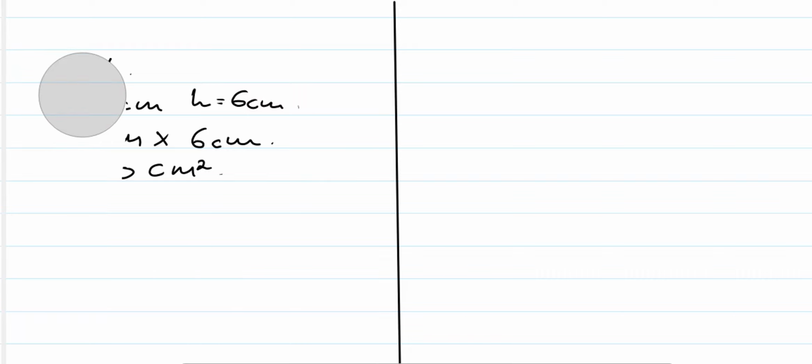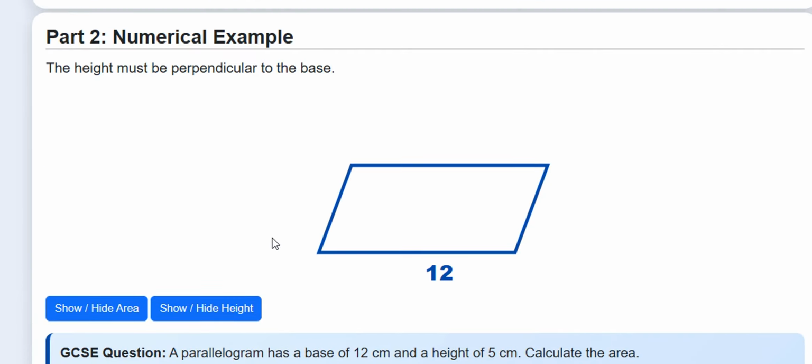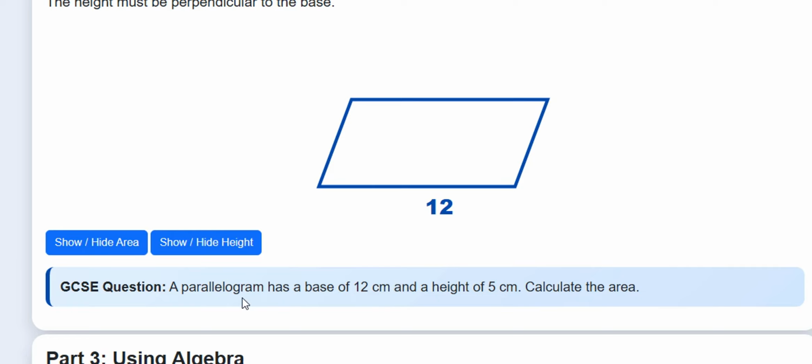We can try another example. In example 2, we are told a parallelogram has some base of 12 centimeters and height of 5 centimeters. So the base here is 12 centimeters, then the height, that one, is 5 centimeters. Then the area, of course, we are calculating that region enclosed by the sides of the parallelogram. So we already know area of a parallelogram A is given by base B multiplied by height.